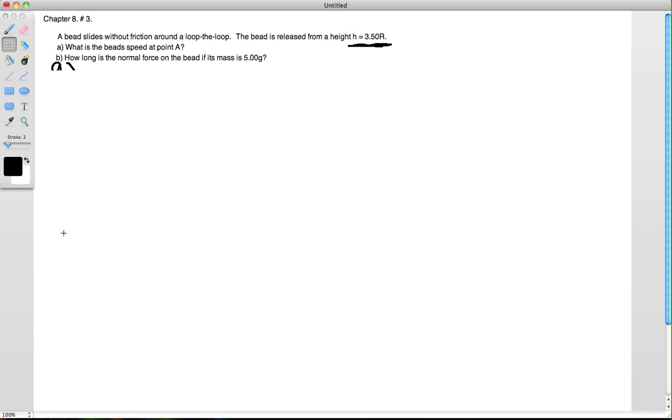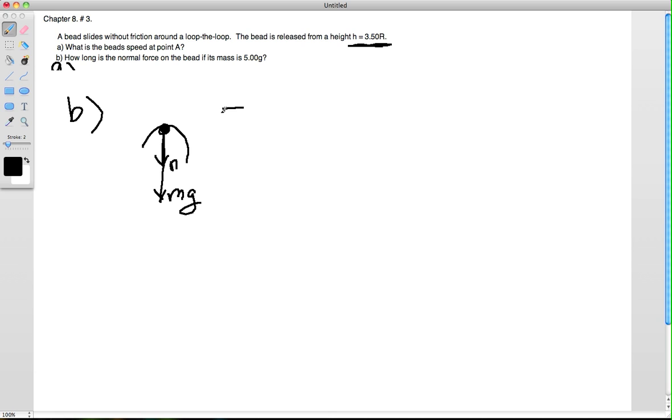Alright, now for part B. Here's the picture of the forces. You have half of the circle, and the bead will be right here at the top. The normal force would be pushing down, and at the same time mg would be pushing down.